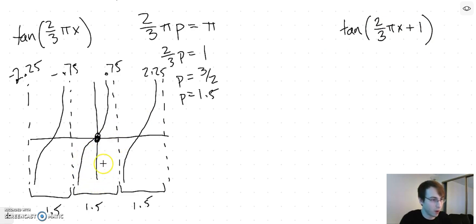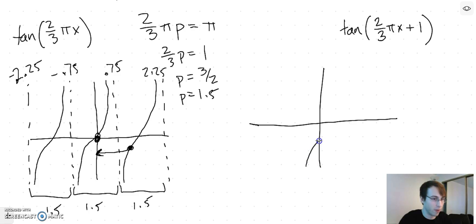So at 1, we're right about here, roughly. So now this part shifts back over there, and we draw our graph. So now it's going through about right here.